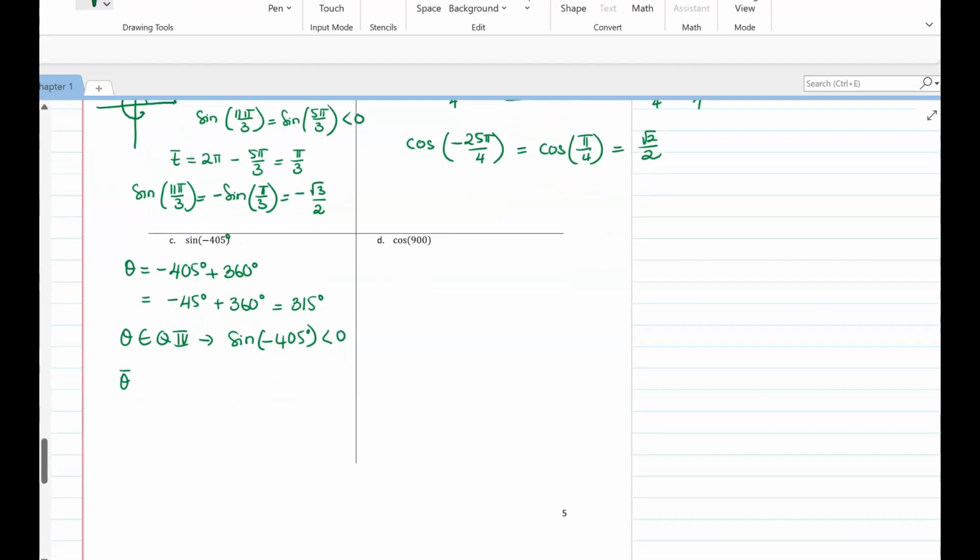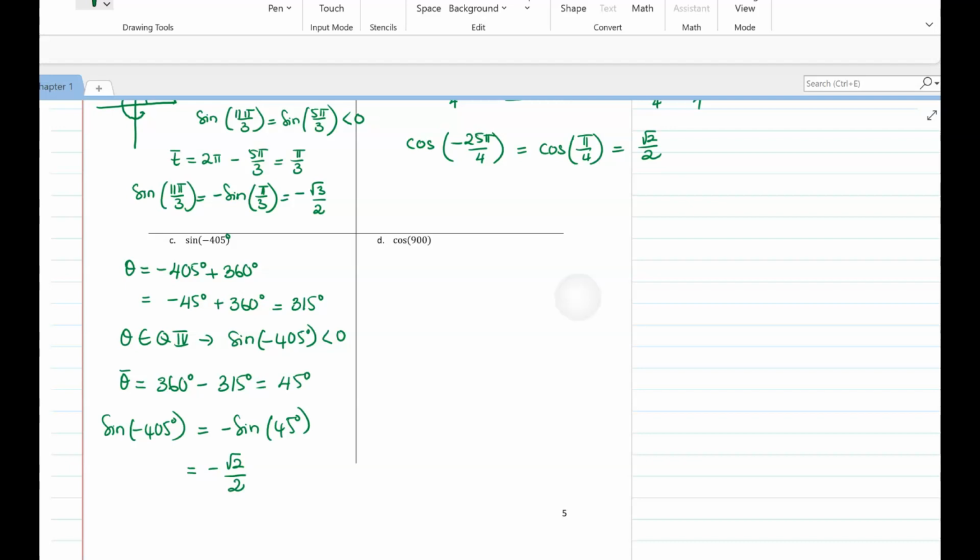So theta bar is equal to 360 degrees minus 315 degrees, equal to 45 degrees. So sine of negative 405 degrees is equal to negative sine of 45 degrees, and that is negative root 2 over 2.